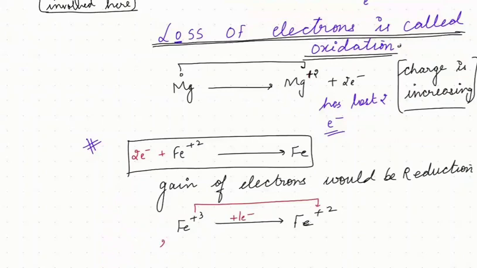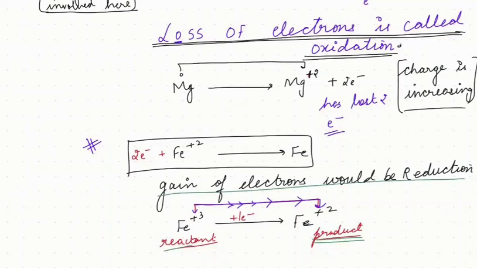Going from reactant to product, the charge is decreasing because an electron is added. So it is going from Fe plus 3 to Fe plus 2, and that is a gain of electrons.